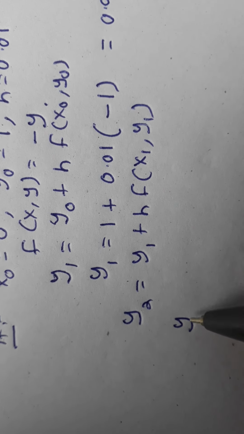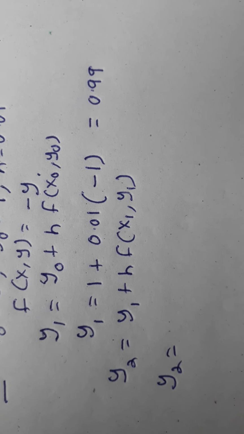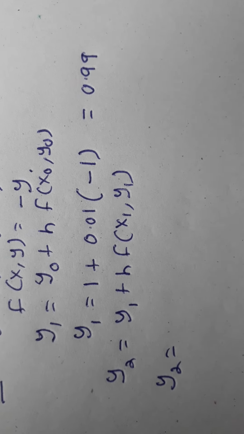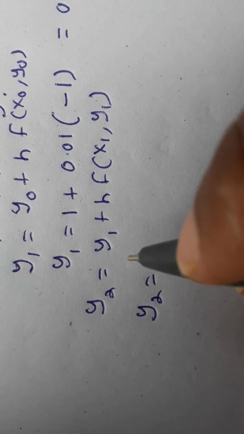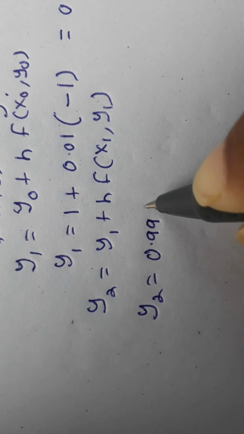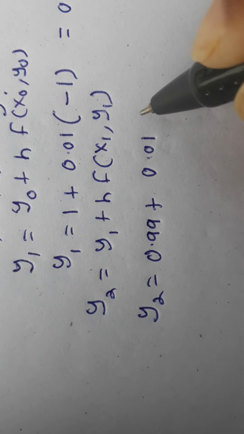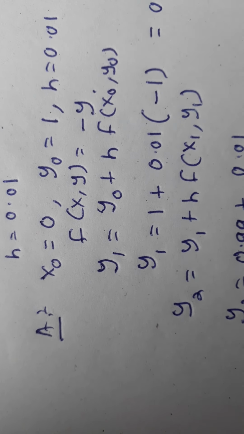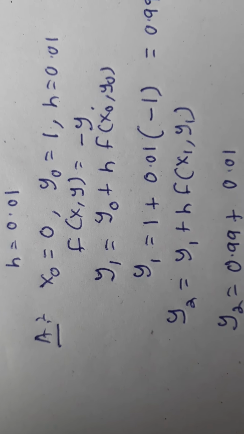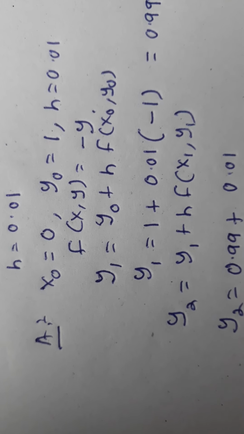We have already found that y1 equals 0.99, so we write 0.99 in place of y1, plus h, the same 0.01. What is x1? I have already said h is the space between x0 and x1, x1 and x2, x2 and x3 and so on.